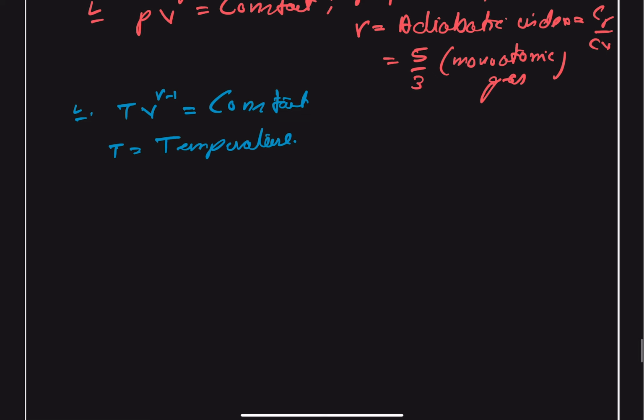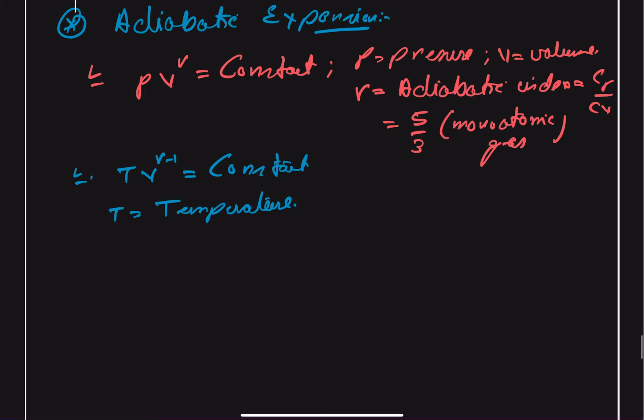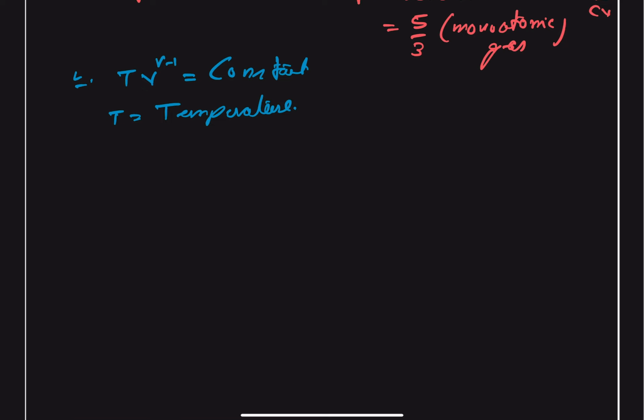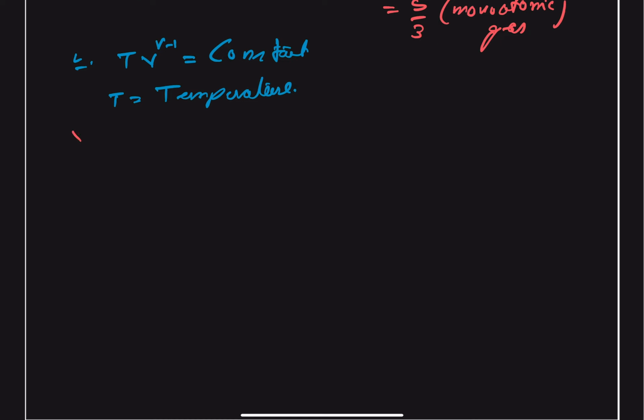So we can write the relationship for temperature T1 and temperature T2, corresponding volume V1 and corresponding volume V2. So let us call this equation number 1.